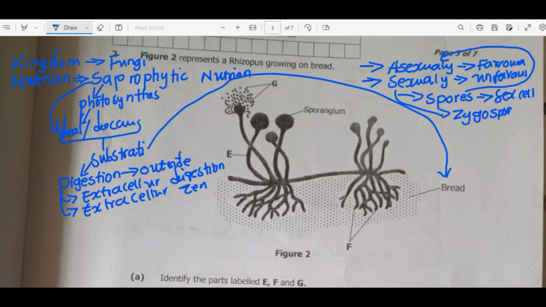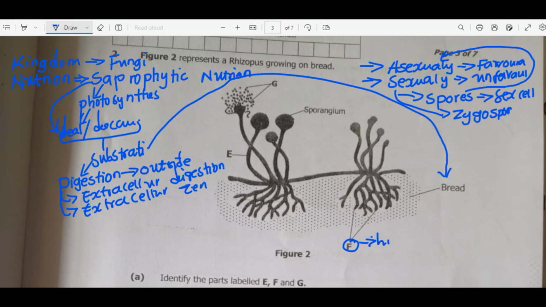Then what happens during the obtaining of food from the substrate, which is the bread in our case? The first step is that the rhizoid, which is structure F, which grows on the substrate, will secrete extracellular enzymes.